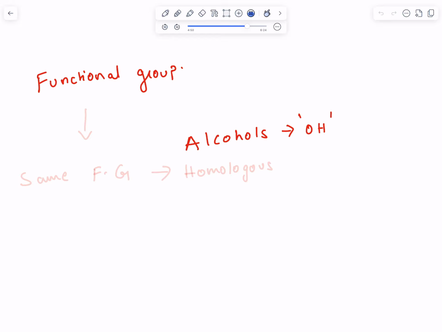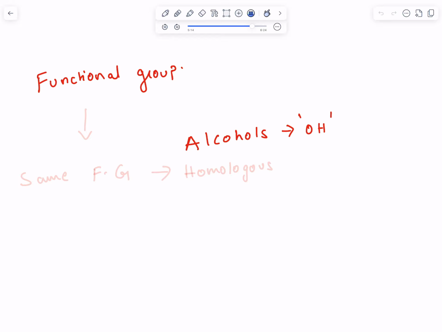All the organic molecules or compounds are classified by the functional group on the molecule. So, for example, the street in which you live in, every house might have the same outward design. But if I have to come to your house, how would I identify it's your house? It's your door number.